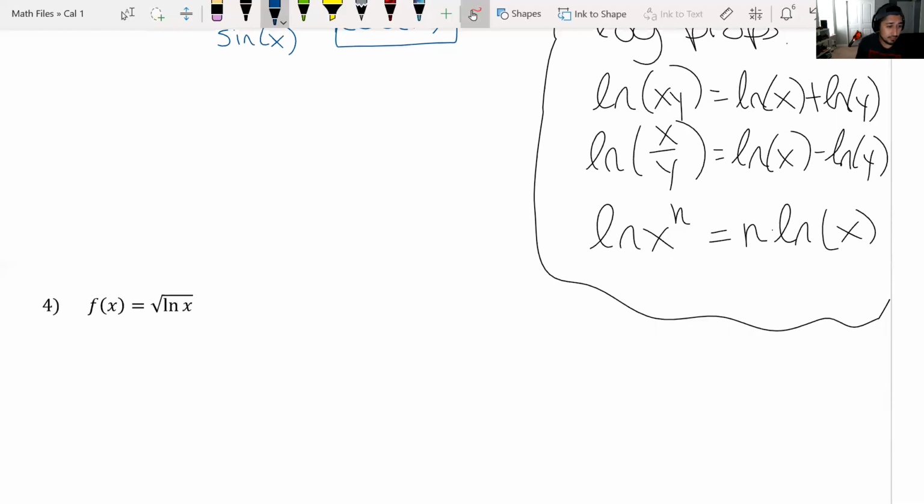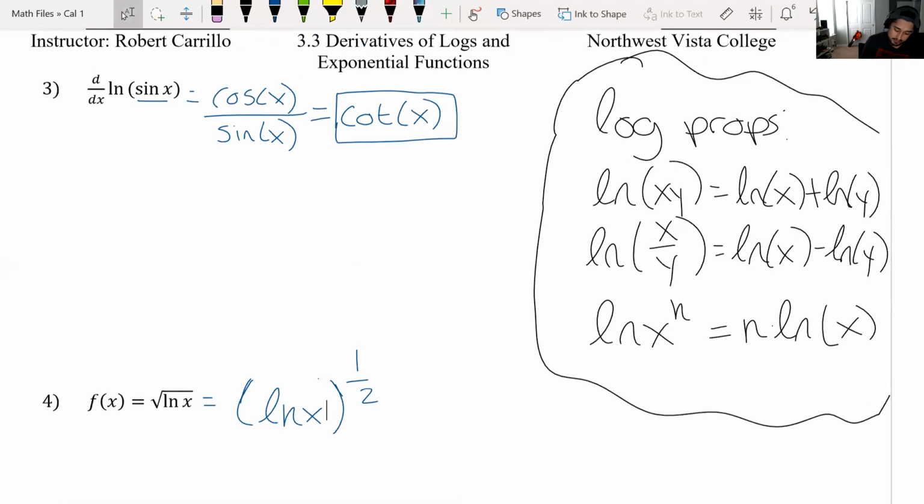Now, f of x equals the square root of the natural log of x. Before we take the derivative, of course, you need to rewrite the radical. This becomes parentheses natural log x raised to the 1/2. Okay. Now we're ready for the derivative.